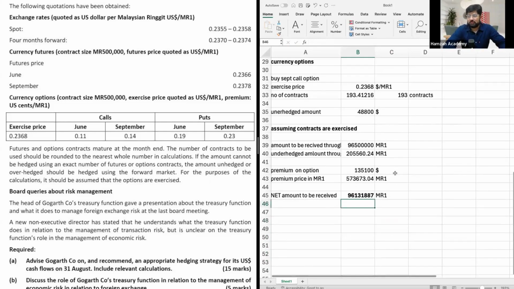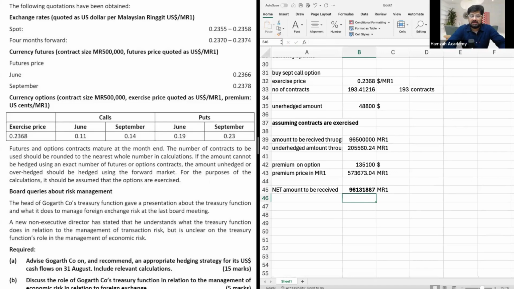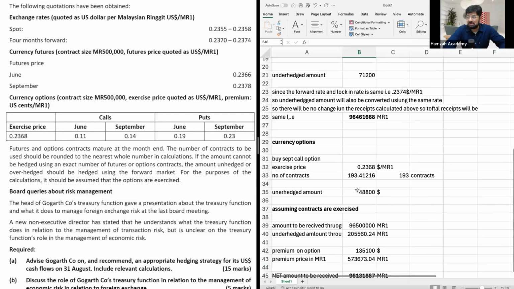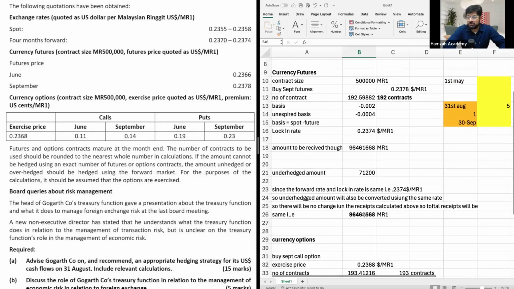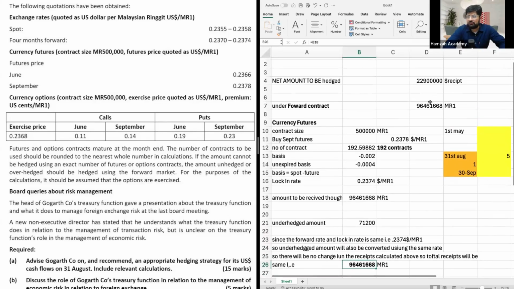I hope it is clear to you. So we have calculated all three ways: amount through options, futures, and forward contract. The highest amount, by the way, through futures and options, the amount is the same.